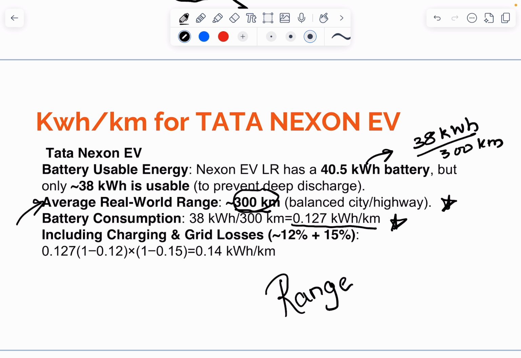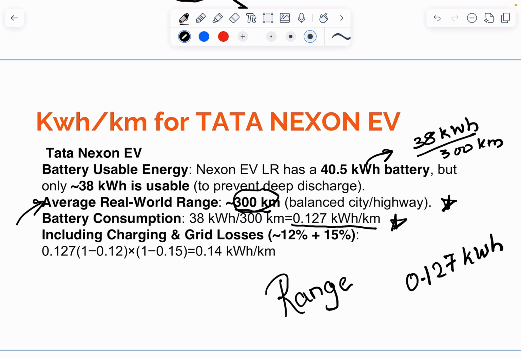If you divide, you get approximately this number. This is the energy the battery would drain for every kilometer of travel. And then how much energy I need to put into the battery for every kilometer.